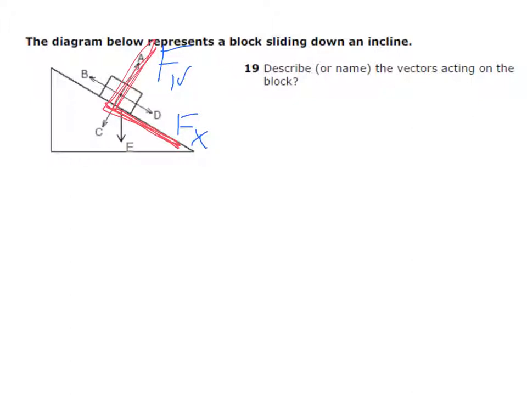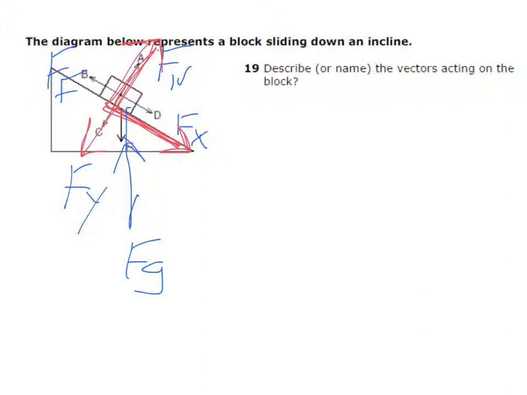Okay? If this is X and Y, then this is force in the X direction. C over here is the force in the Y direction, so we could call that force Y if we wanted to. This E right here is the force of gravity, and B is the force of friction.